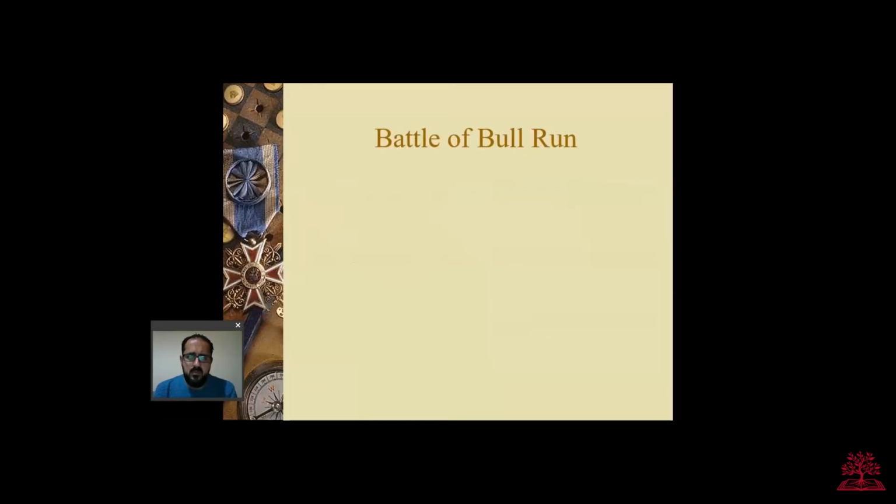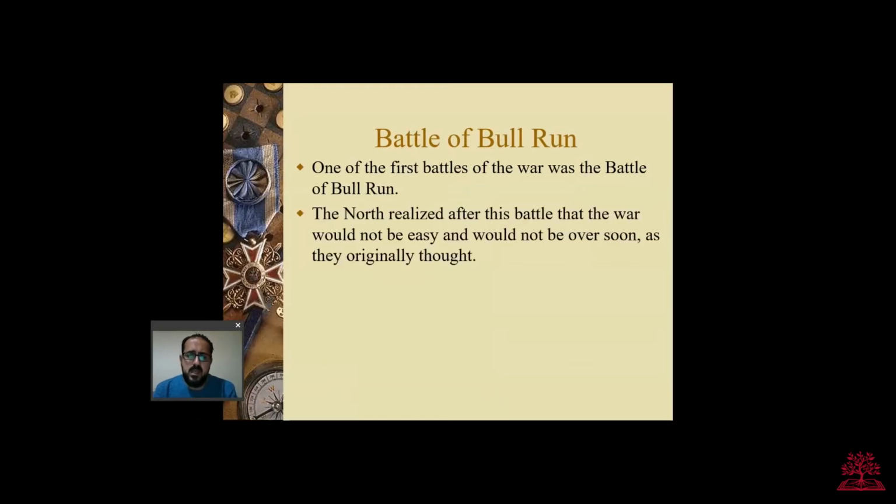Now we're going to talk about a very important battle, the Battle of Bull Run. This battle was one of the first battles of the war, and the North realized after this battle that the war would not be easy and would not be over soon as they originally thought. People in the North, because there were more of them, thought it was going to be an easy war and they were going to win really soon.